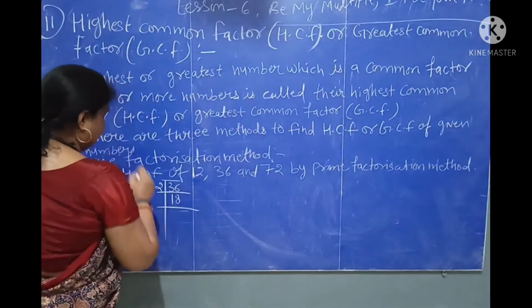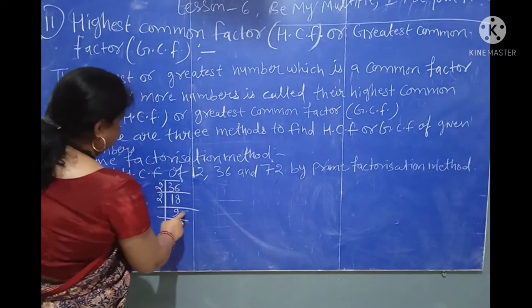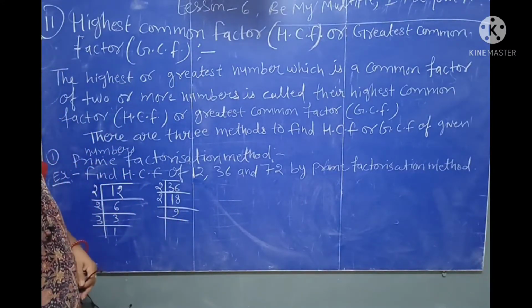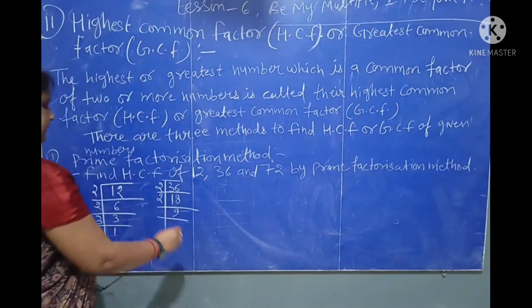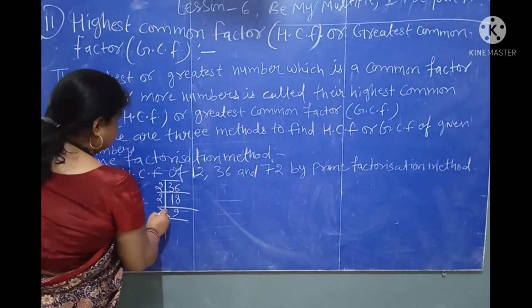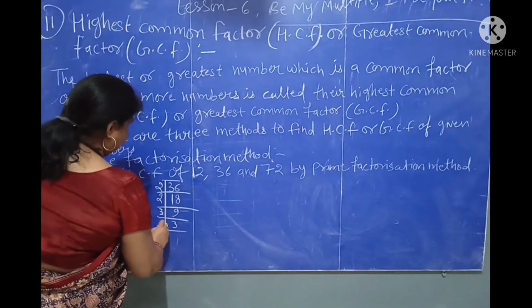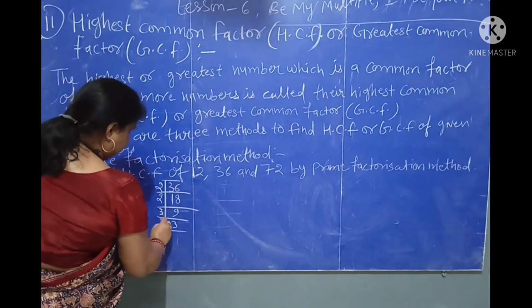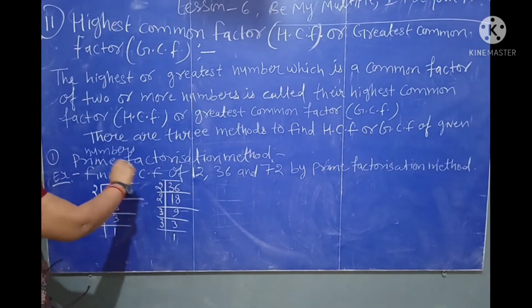So we take again 2 as a divisor. 2 9s are 18. Here is 9 and 9 is not divisible by 2. So we take next prime number 3. 3 3s are 9. Here is 3. We take again 3 as a divisor. 3 1s are 3. So here are the factors of 36.